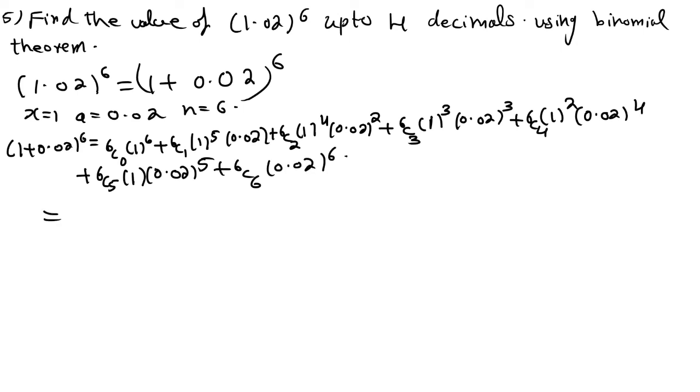Now see, 6c0 value equal to 1, 1 to the power 6 is 1. 6c1 value equal to 6 into 1 to the power 5 is 1 into 0.02.